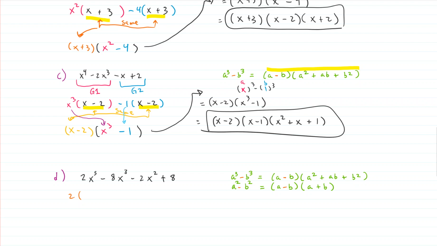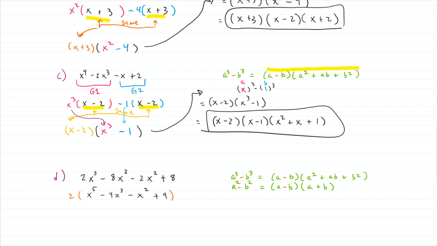And I forgot to do that, so let's do that right now, because you can see everything is divisible by 2. So this would give us x to the 5th minus 4x cubed minus x squared plus 4.